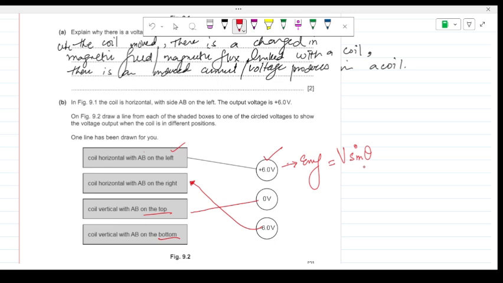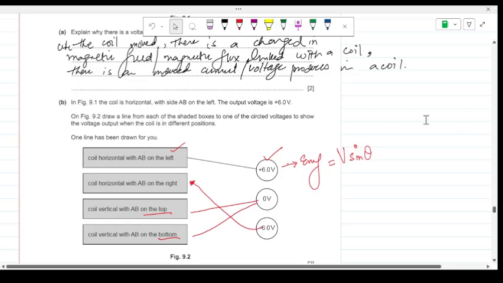Sine theta is zero because the magnetic field lines and the length of the conductor are parallel, or we can say the velocity and magnetic field are parallel. In these two scenarios, the output voltage will be zero. So zero for top and bottom. For the left you get 6 volt, and for the right you get minus 6 volt, because the direction of the velocity changes.